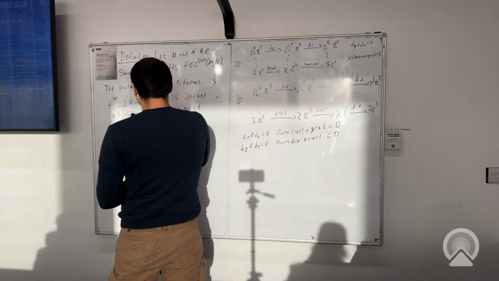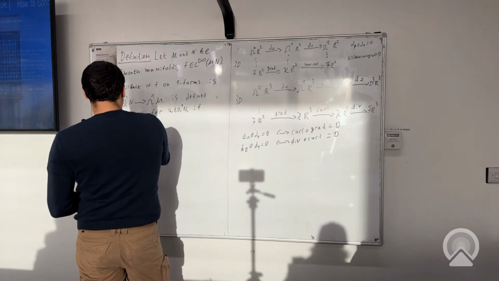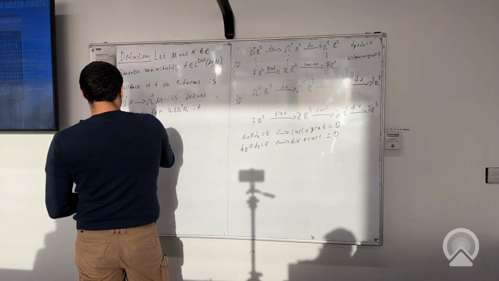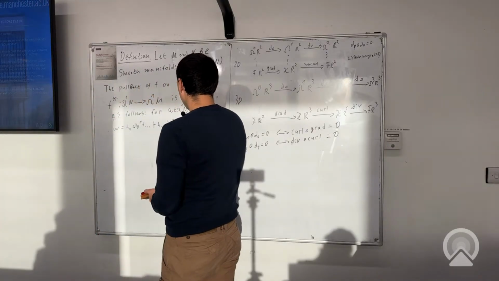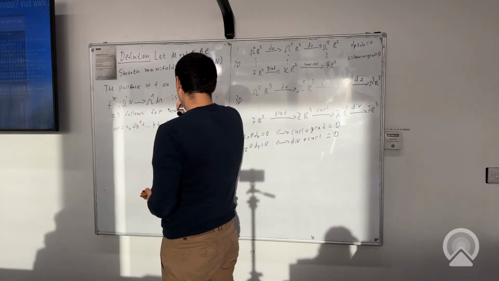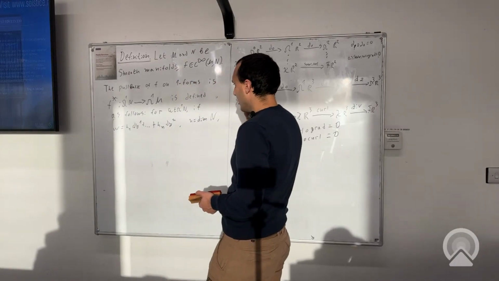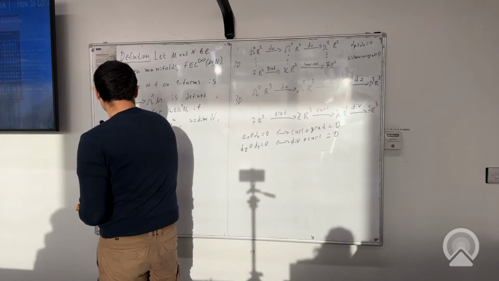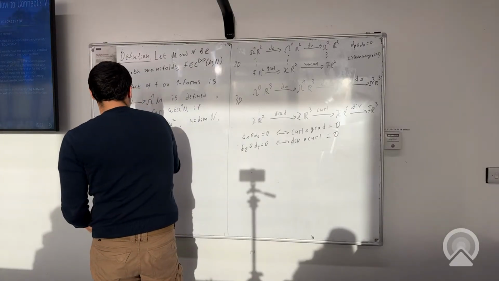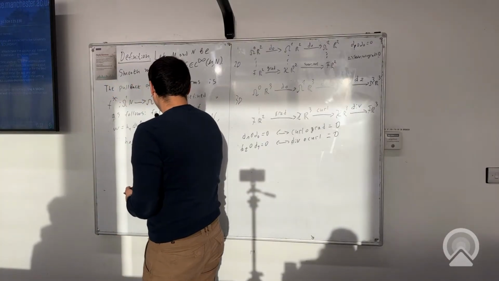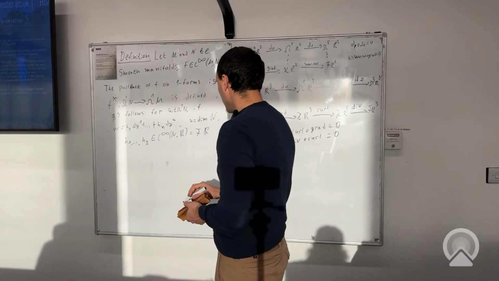Let's say omega equals h1 dy1 plus ... plus hn dyn, where n is the dimension of N. Here h1 to hn are smooth functions from N to R, elements of the algebra of smooth functions on N.